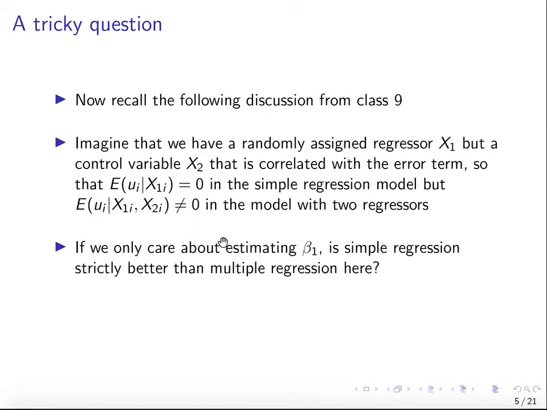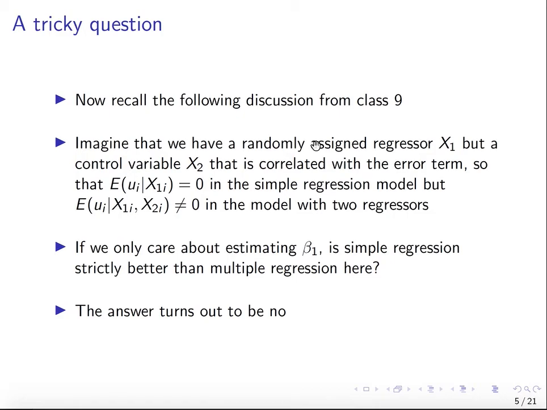Well, the answer to that depends on what you care about. If what you really care about is beta 1, so the effect of x on y, which I gave away already that that's what we really care about in this class, then the answer to this is no.